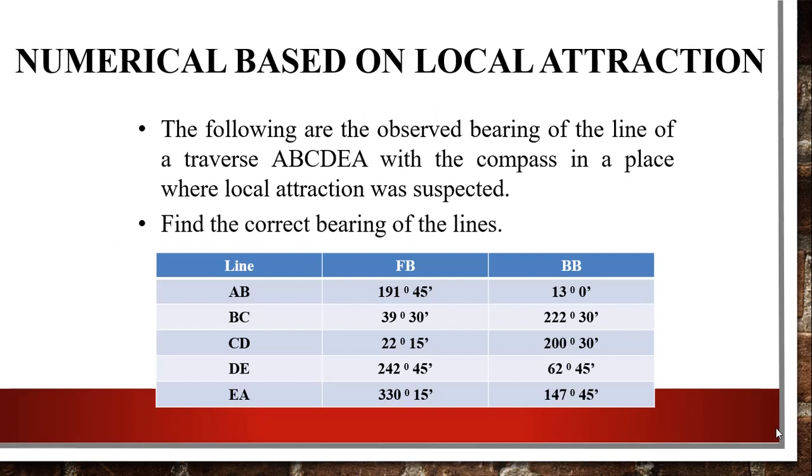The lines AB, BC, CD, DE and EA, their fore bearing is given as follows, and the back bearing is also given, which is measured over the field where there is a local attraction suspect. So these are the fore bearings and back bearings value which is obtained from the field. Now you have to find out on which line the local attraction occurs and what corrections you have to apply for getting the corrected bearings.